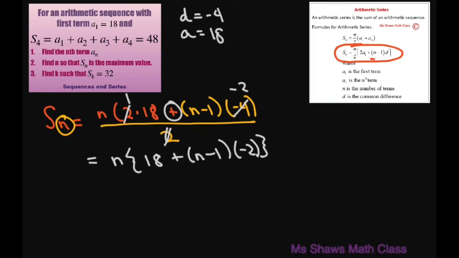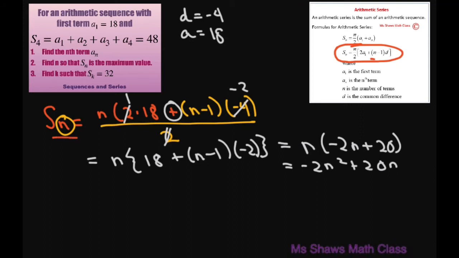This is going to give me n times negative 2n plus 20, which gives me negative 2n squared plus 20n. From here we need to find the maximum value, so I want to put this in vertex form.